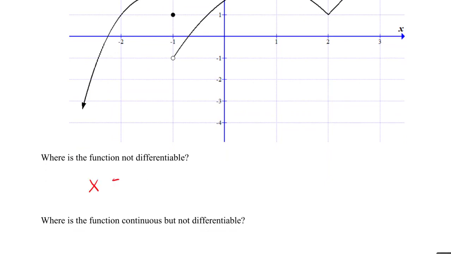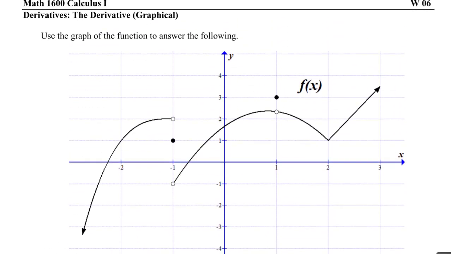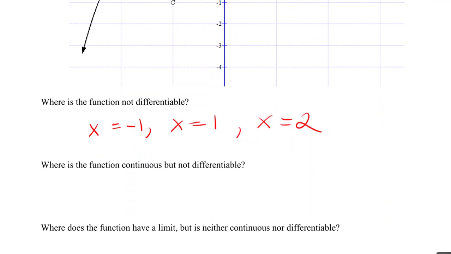So x equals -1, x equals 1, and x equals 2. All right, but we're going to dive deeper and see exactly what's going on at these points. All right, so let's go back and now let's answer the question, where's the function continuous but not differentiable?